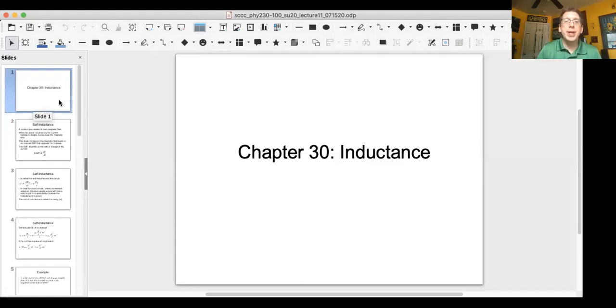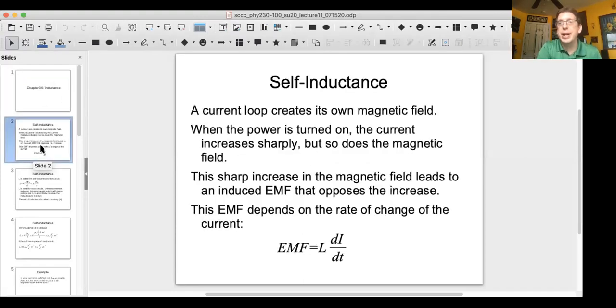Well, you can have a circuit where you have this coil of wire and you turn the power on, the current builds up from 0 to whatever value it's going to get. But as the current going through the coil of wire builds up, the magnetic flux through the coil is also building up, which means you're going to have an induced EMF in the opposite direction of the current.